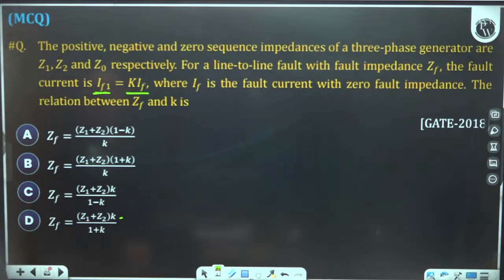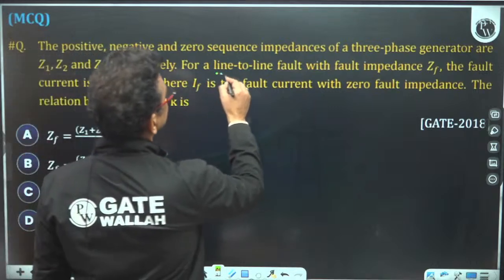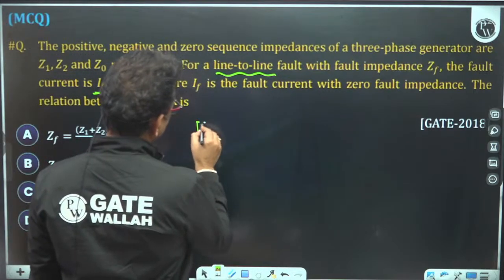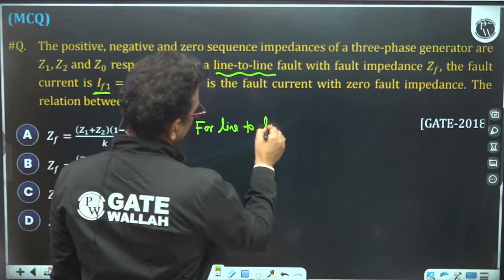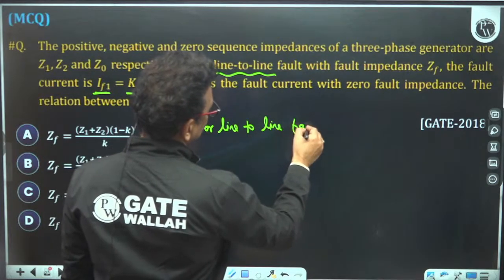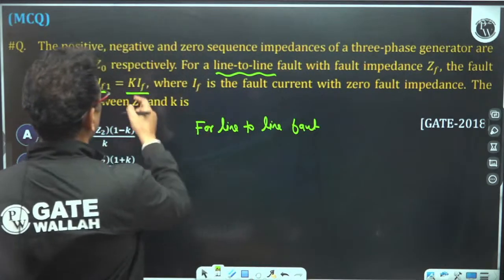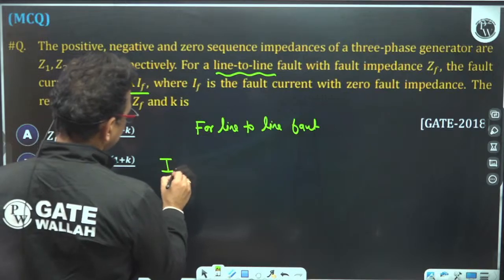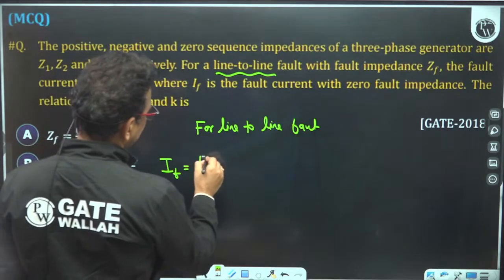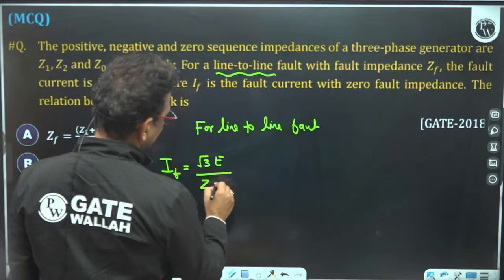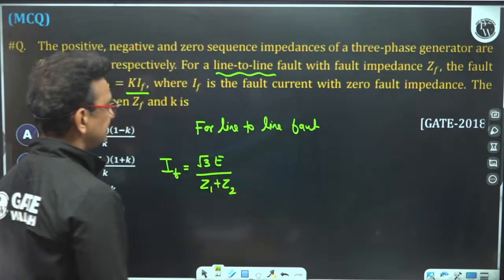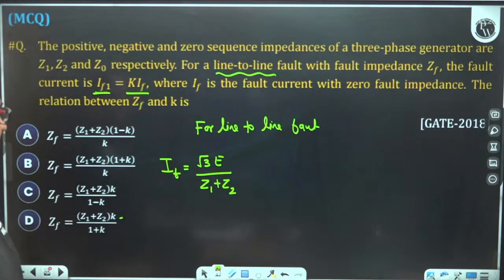What is the relationship between ZF and K? For a line-to-line fault, the fault current IF, when the fault impedance is not there, is root 3 E divided by Z1 plus Z2. Only the positive and negative sequence would be present here.